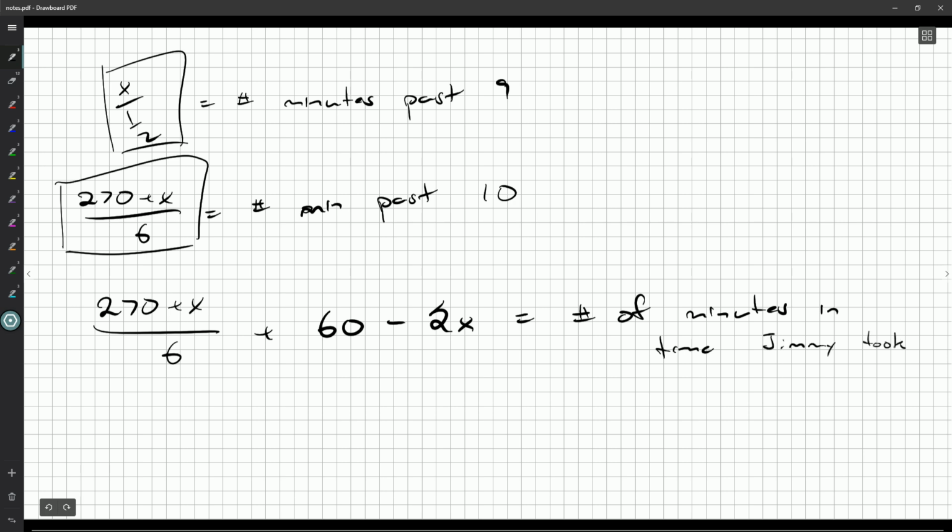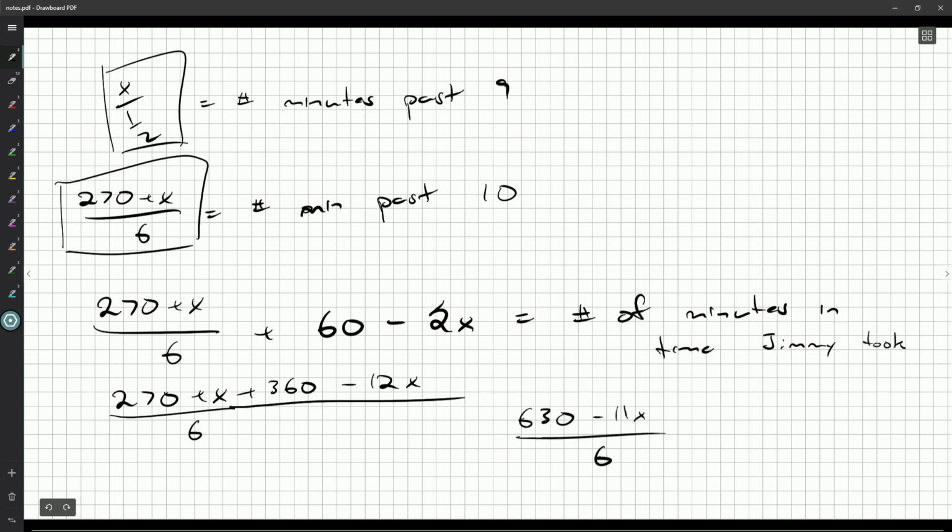But if I want the number of hours, divide by 60. I'm going to put everything over 6. I'll get 2, so I'll get 630 minus 11x all over 6.